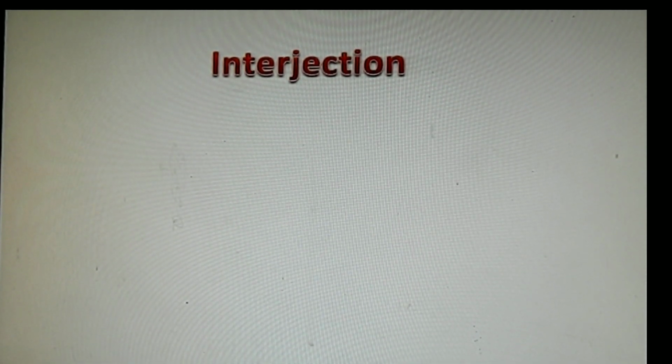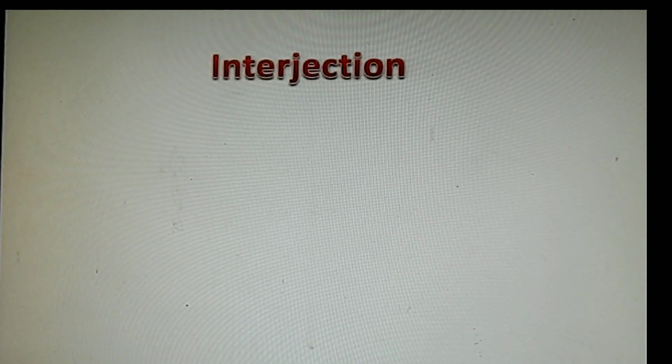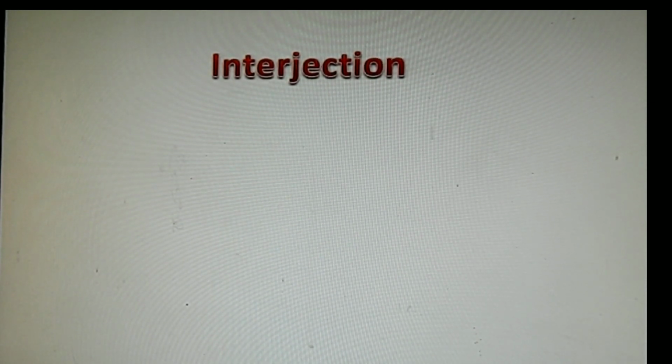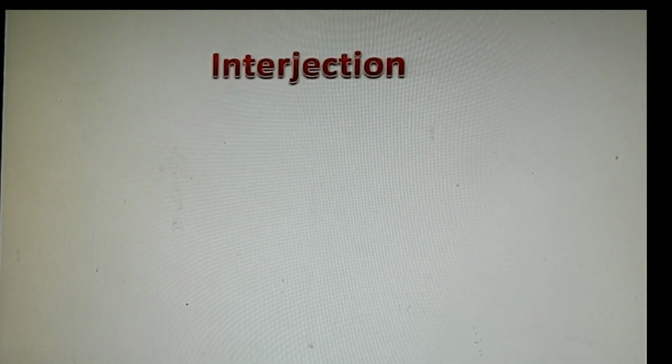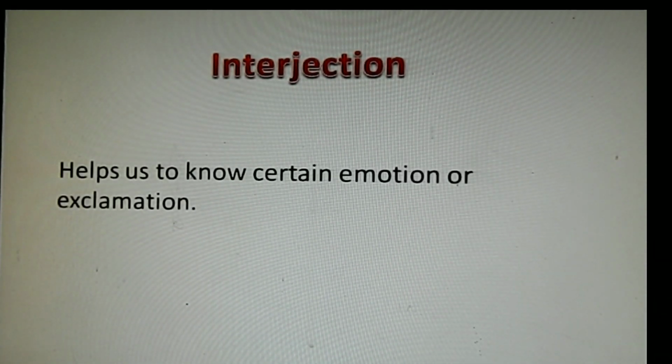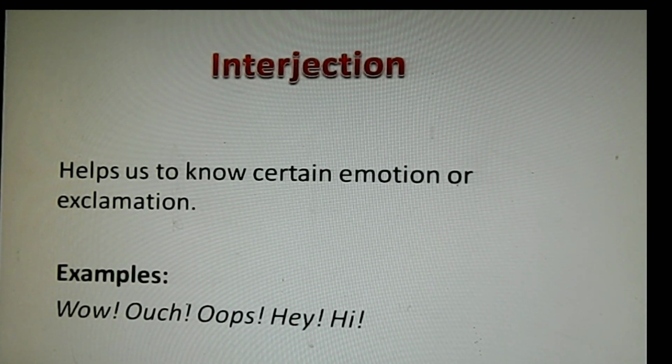Okay, let's take the last part of speech, that is the interjection. Actually, interjections are words that have no real meaning, but they help us to show certain emotions, exclamation, etc. We'll take some examples. Wow, ouch, oops, hey, hi. All these are examples of interjection.